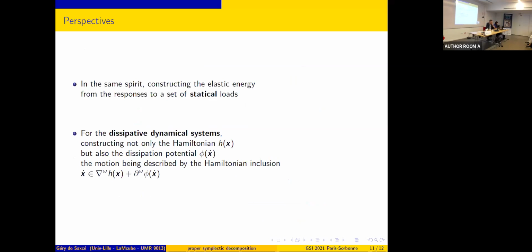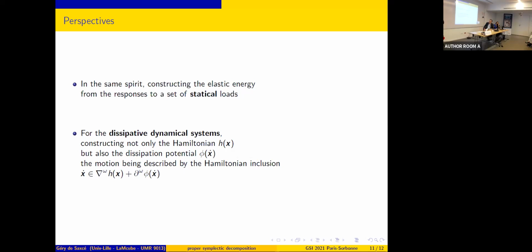As perspective, we want to extend this approach in two directions. In the spirit of constructing the elastic potential energy for the response to a set of static loads. And the second extension is relatively ambitious because we want to consider dissipative dynamical systems, for instance, with plasticity or viscoplasticity.